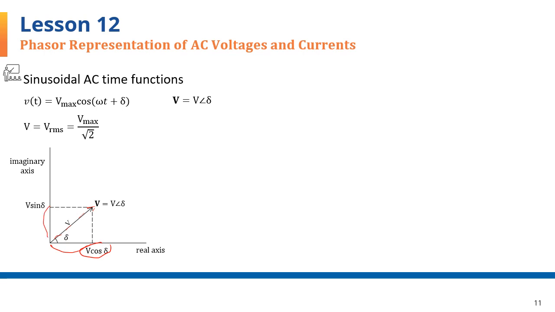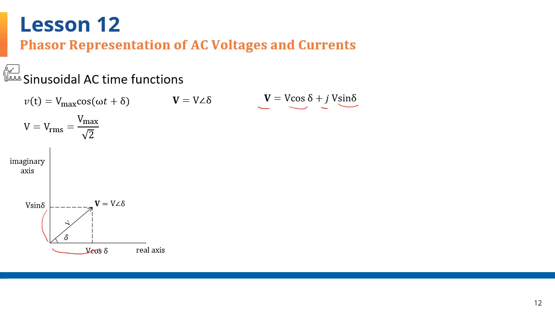Here is the complex form of the phasor. V equals v cosine of delta, the real component, plus j times v sine of delta, which is the vertical component or the imaginary component.